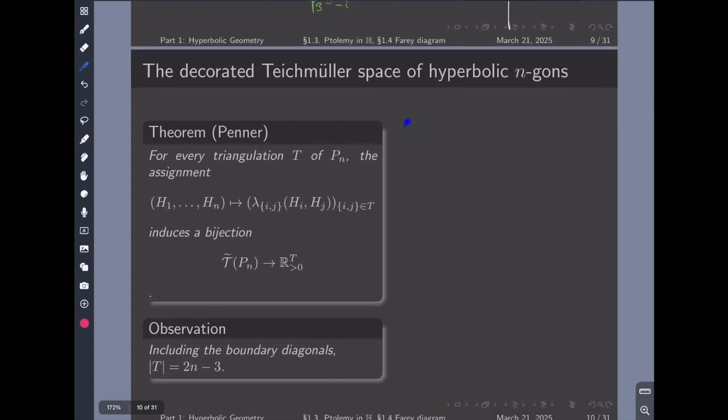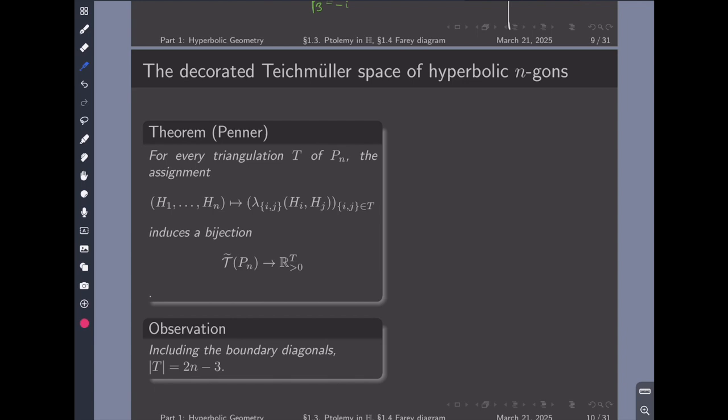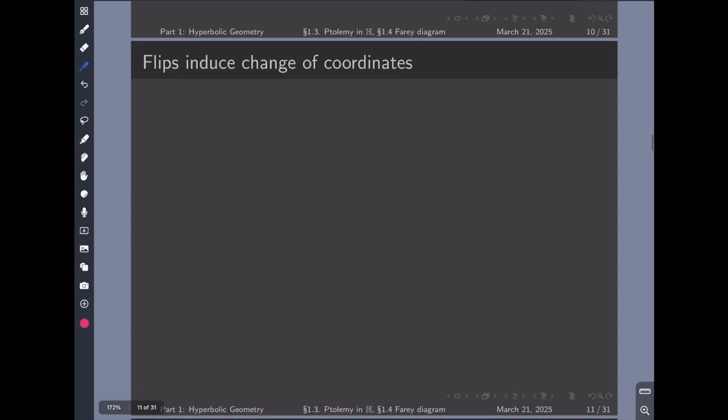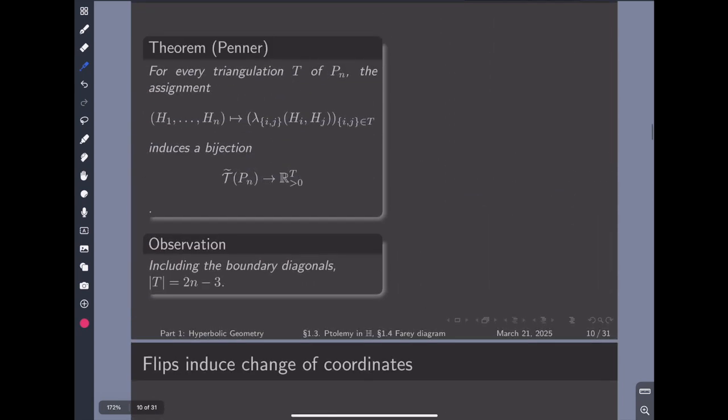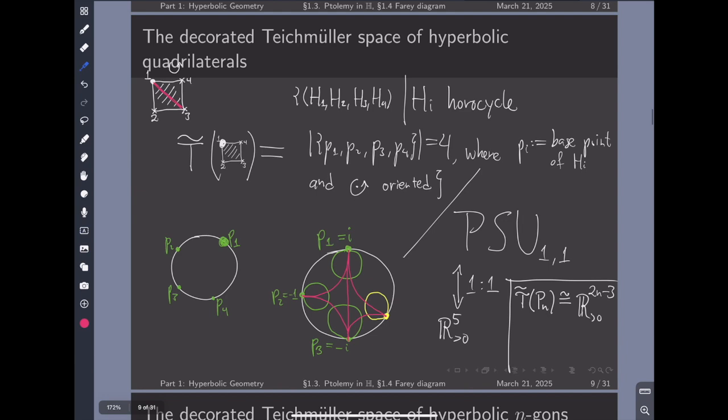Now, why did I leave this space? Yes. Because flips induce change of coordinates. Because you see now, of course, it's okay. But what if I had chosen the other triangulation?